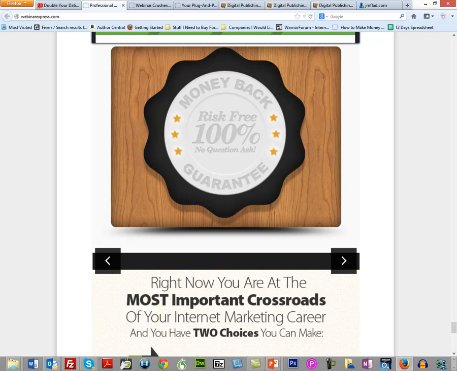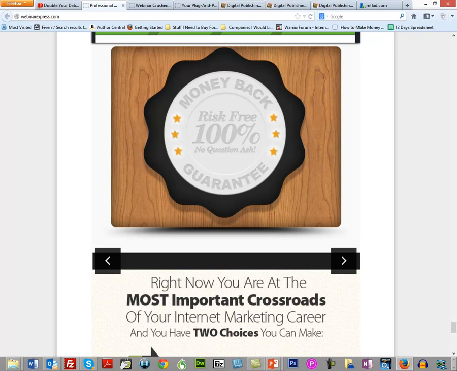Notice that all of the words are there, and these are all necessary words for your guarantee. 100%, risk-free, no questions asked, guarantee. All those words are present. Classic copywriting and classic things that will, again, help you increase your conversions.